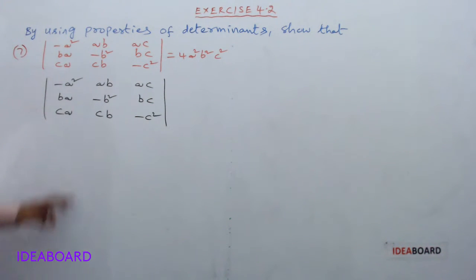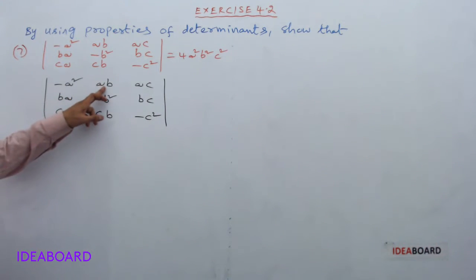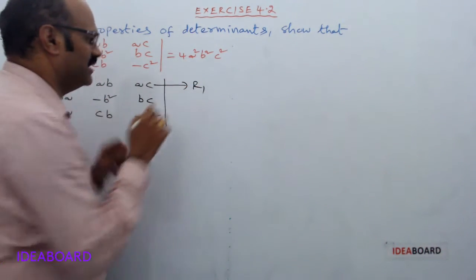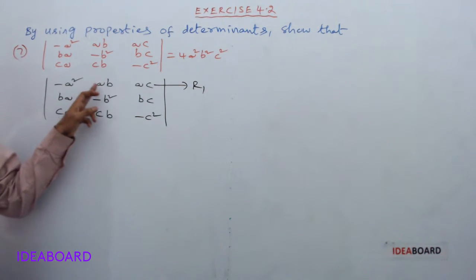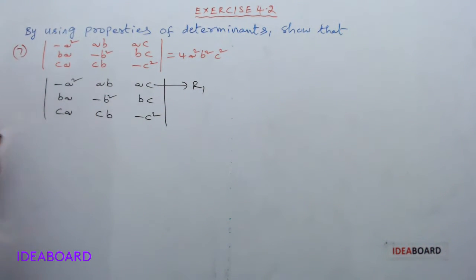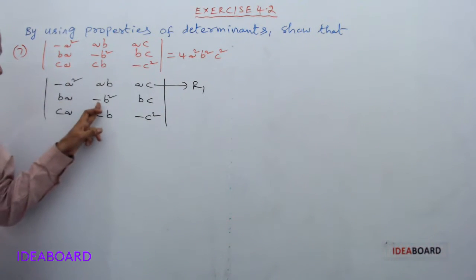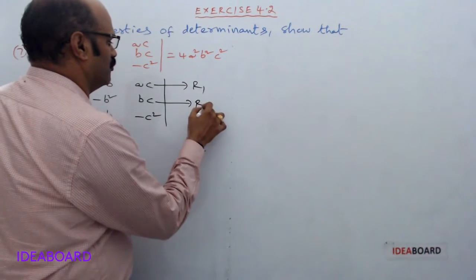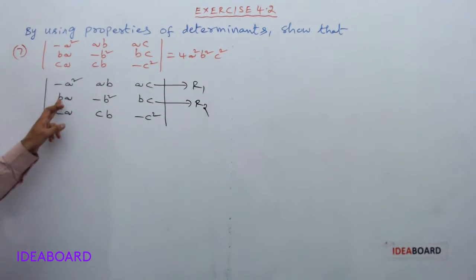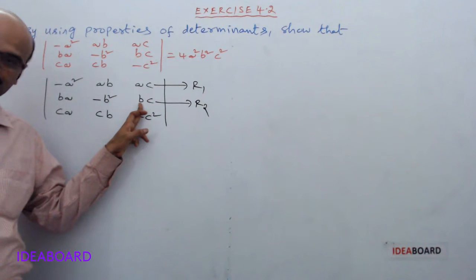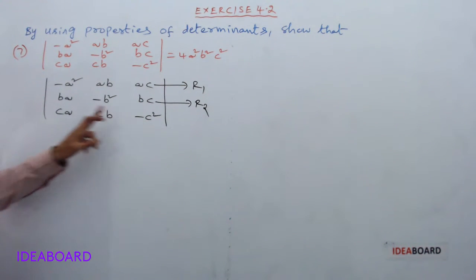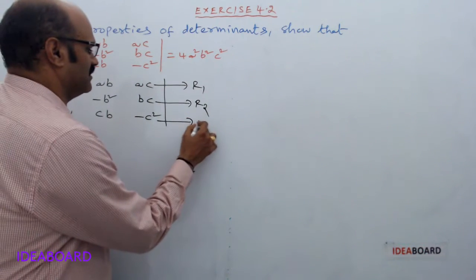Now here, a is a common factor in R1. If you identify R1 here, we can take a outside. When you come to R2, the second row, the common factor is b, and when you come to R3, the common factor is c.